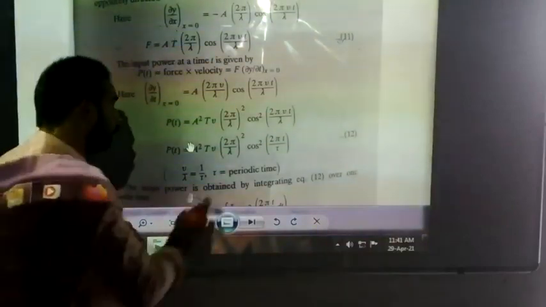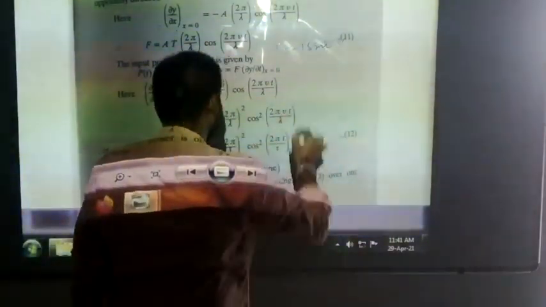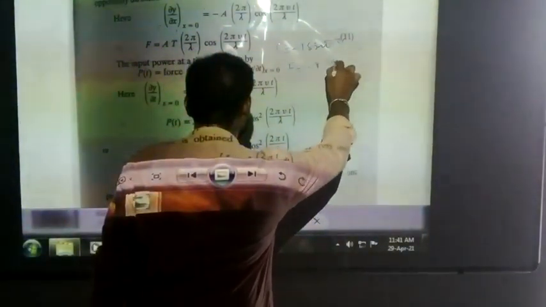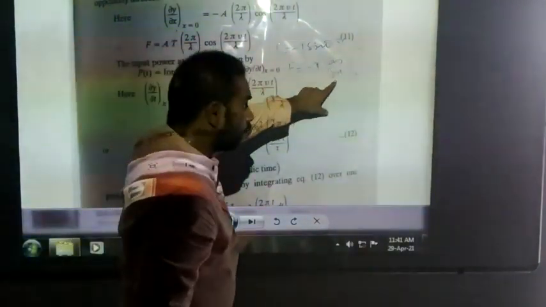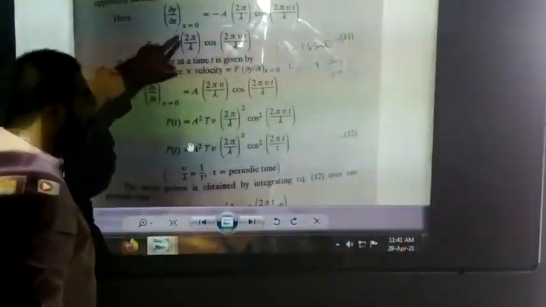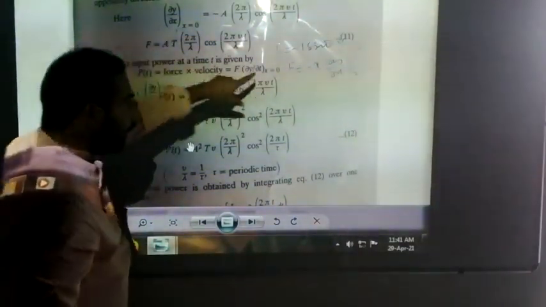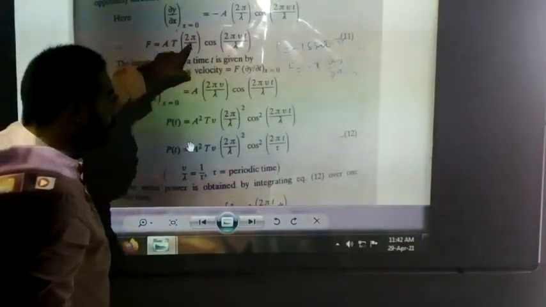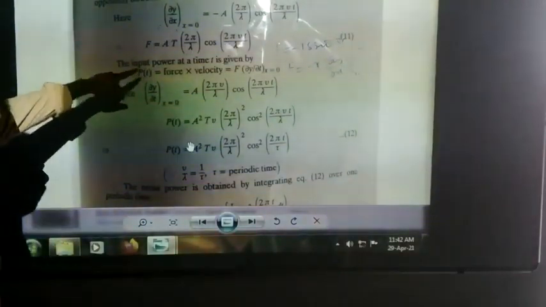We have force F = −T sin θ, which is equal to −T tan θ, that is −T ∂y/∂x. Substitute that value here: T into a, and already we have a minus, so minus of minus is plus. F = T a 2π/λ cos 2πvt/λ.